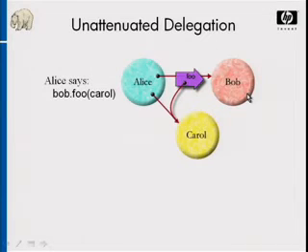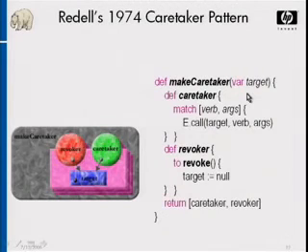And a lot of the security properties that people have argued about over the years come down to various different ways of handling delegation. For example, Riddell's pattern of revocable delegation, which we're going to show here. So if Alice wants to give Bob access to Carol, but only for a while, she wants Bob no longer to have access to Carol after some future point in time, she doesn't give Bob direct access to Carol.